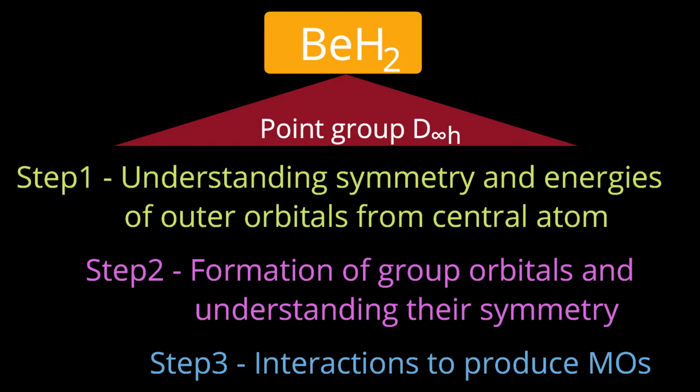In order to understand the formation of the various molecular orbitals for the BeH2 molecule, you need to know its point group. Its point group is D infinity h. What does it signify? There is a C infinity axis, passing along hydrogen, beryllium, hydrogen, through both bonds.